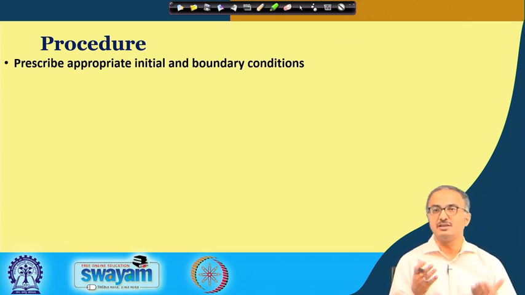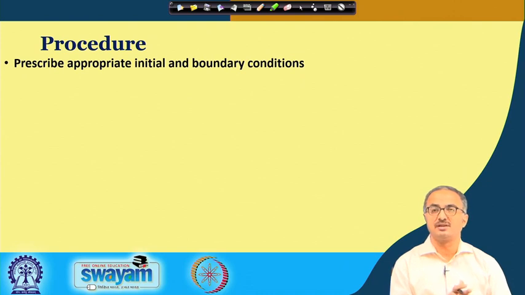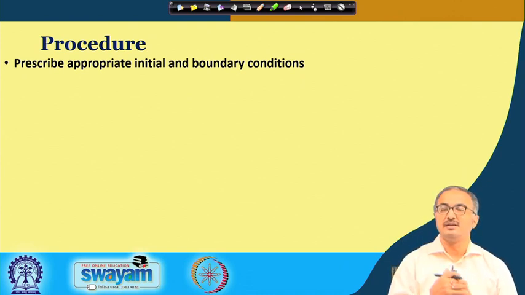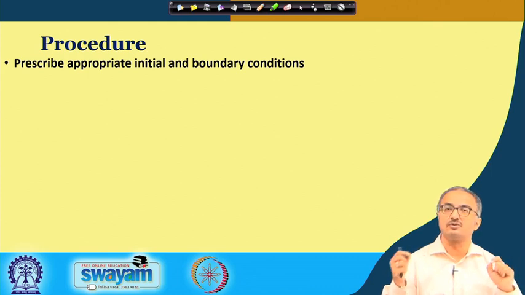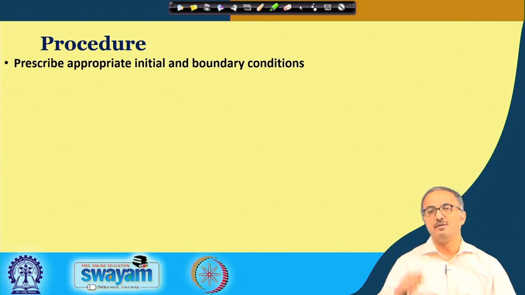There is no 0 time as such, but whatever the starting point is, it is taken to be 0, and then we progress with time. And then boundary conditions, as I told you, are the various conditions at the boundary of that particular domain of study, and I will talk more about the different types of boundary conditions possible for a process system.